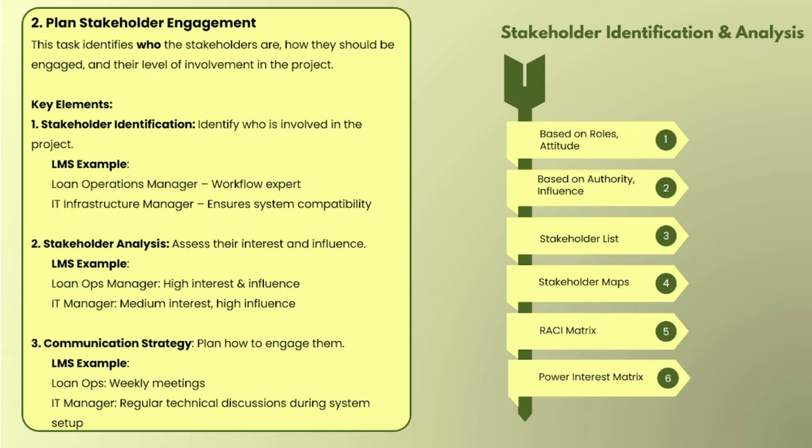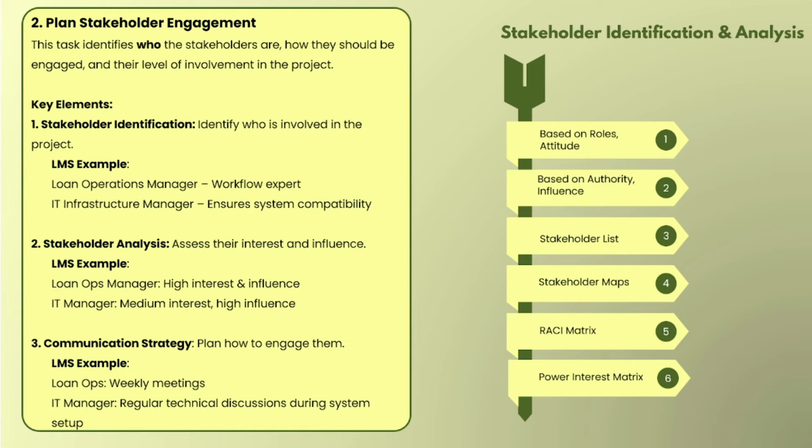Here we can see some key methods for identifying and analyzing stakeholders, like based on role and attitude, based on authority and influence, then stakeholder list, stakeholder map, RACI matrix, and power interest matrix. We will dive into them in more detail in an upcoming tutorial. For now, we are just trying to see how they fit into the BA process.